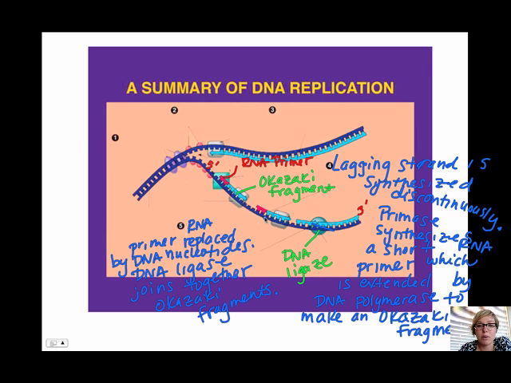So to solve that problem, we have an RNA primer making this attachment point for DNA nucleotides to attach and to create a daughter strand, or a part of the daughter strand, going in the correct direction, 5' to 3'. And at the end, you have this strand that has all these little fragments called Okazaki fragments, and they're stitched together by DNA ligase, and they make another beautiful daughter strand. So that's our leading strand versus lagging strand conundrum.